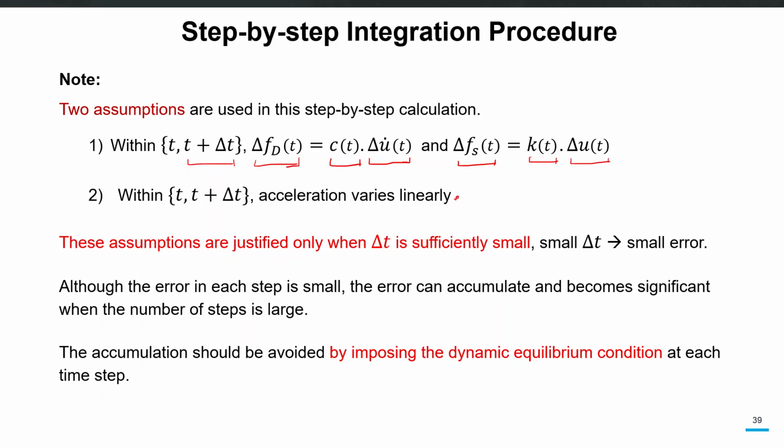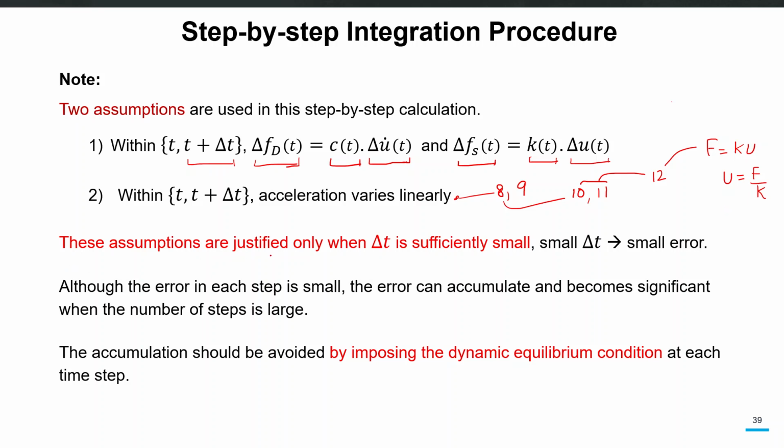This assumption gives us equations 8 and 9, which we have converted to equations 10 and 11. Equations 10 and 11 help us in solving the governing equation of motion to get equation 12, which is a simple linear equation of the form F is equal to ku. So equation 12 has a very simple form, just like F is equal to ku, and u can be solved as F over k.